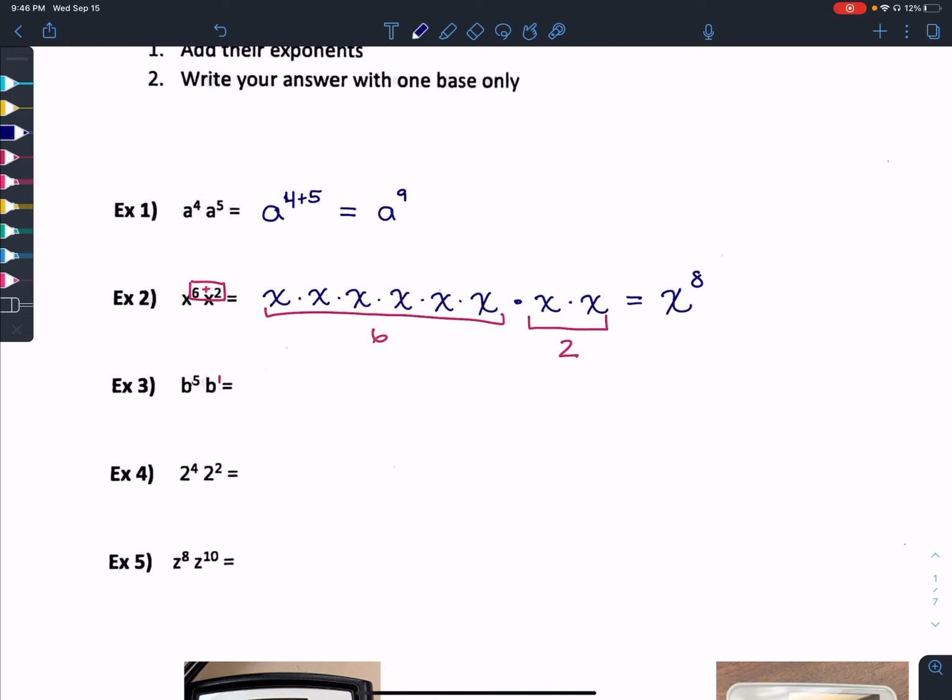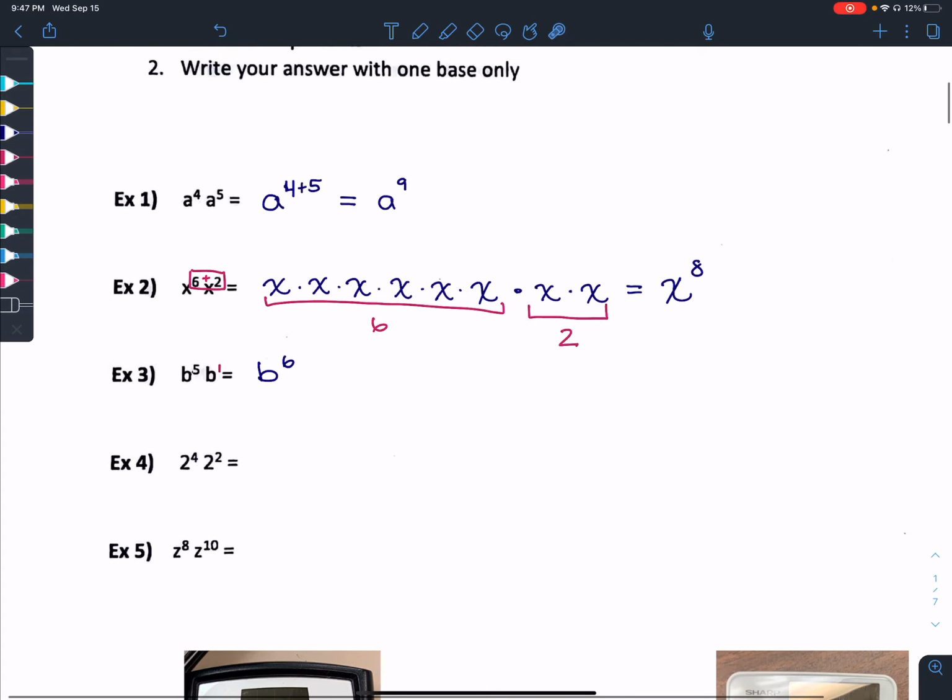We don't write it because it's the standard, the baseline, but you do need to remember that it's there. Now we can add up our exponents since the two b's are being multiplied. So the 5 and the 1 get added up together, and that gives us 6. So our exponent is 6.